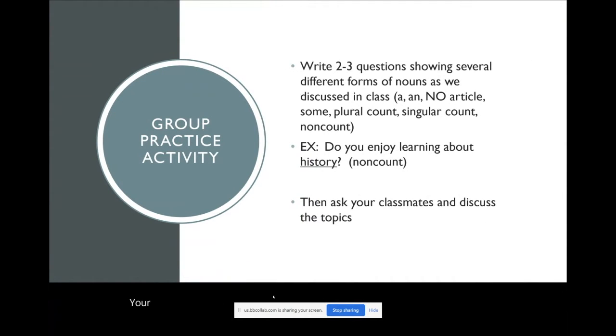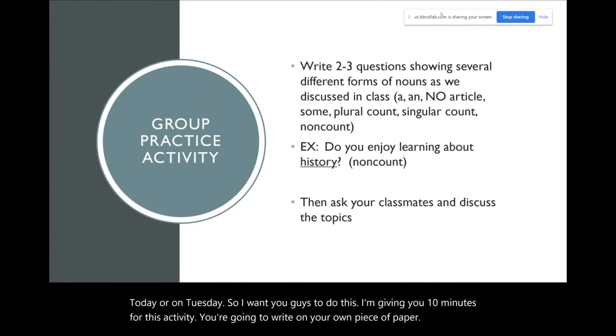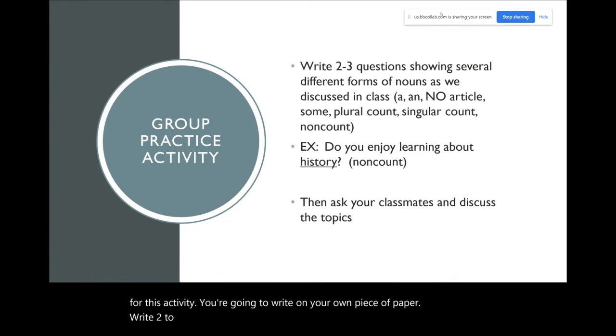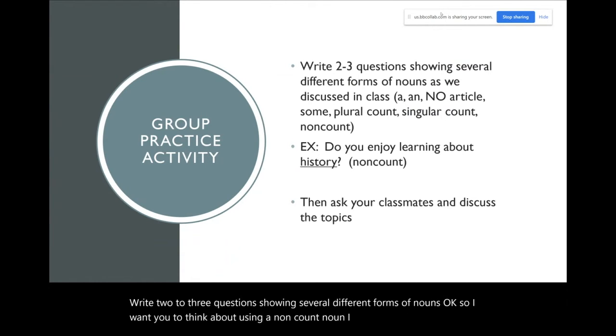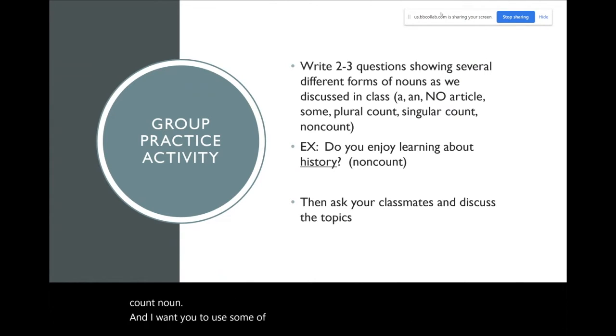So I want you guys to do this. I'm giving you 10 minutes for this activity. You're going to write on your own piece of paper 2 to 3 questions showing several different forms of nouns. Okay, so I want you to think about using a non-count noun. I want you to use a plural count. And I want you to use some of these things that we talked about, the a, an, no article, some.